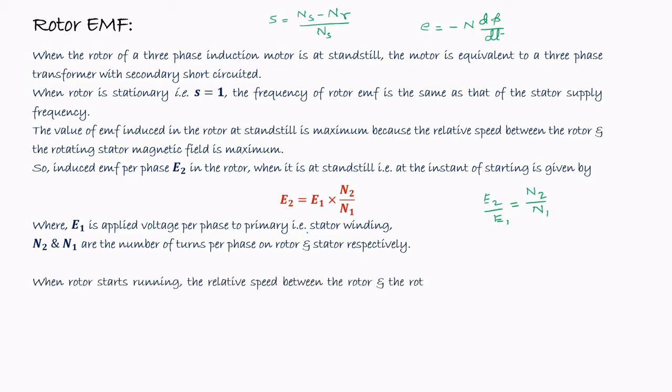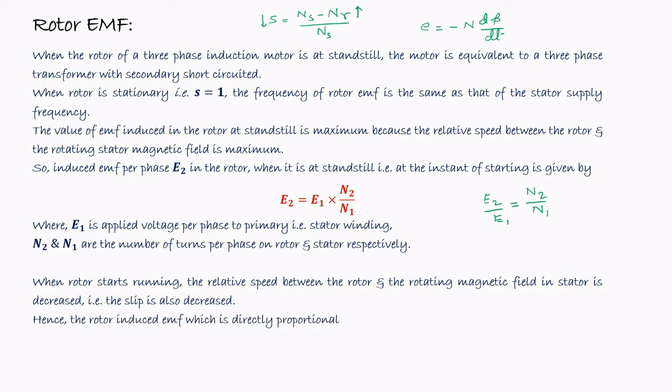Now, when the rotor starts running, the relative speed between the rotor and the rotating magnetic field produced in the stator decreases. And the slip also decreases, because we already know the relation of the slip, that is Ns minus Nr upon Ns. So when Nr is increasing, s will be decreasing. Therefore, the rotor induced EMF, which is directly proportional to the relative speed between the rotating magnetic field and the rotor, will also decrease.